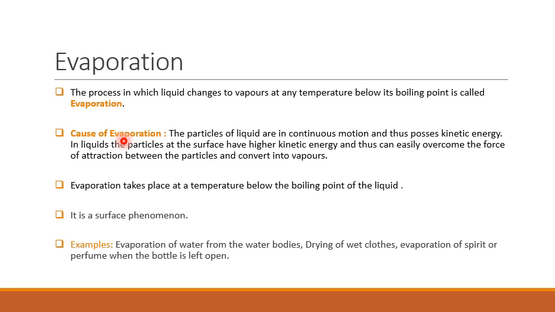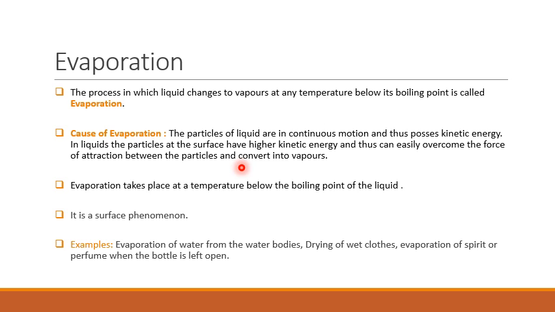So, evaporation is caused because the particles of liquid are in continuous motion and thus they possess kinetic energy. In liquids, the particles which are at the surface of liquid have higher kinetic energy and thus they can easily overcome the force of attraction between the particles and then escape out in the form of water vapors.